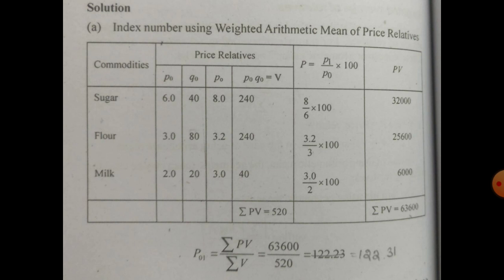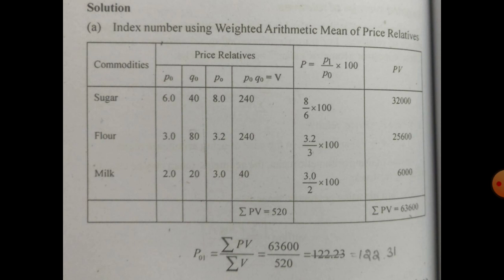The last is to find the value of P into V. So 240 into the answer gives 32,000. The next will be 25,600. The last one will be 6,000. Then we find summation of PV and summation of V. Summation of PV is 63,600 and summation of V is 520.